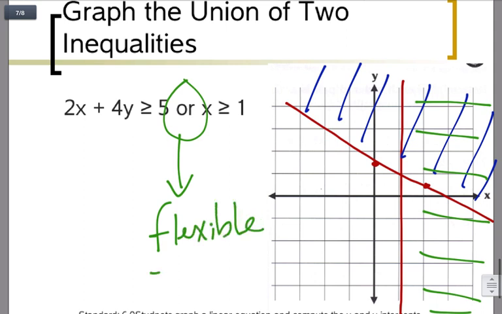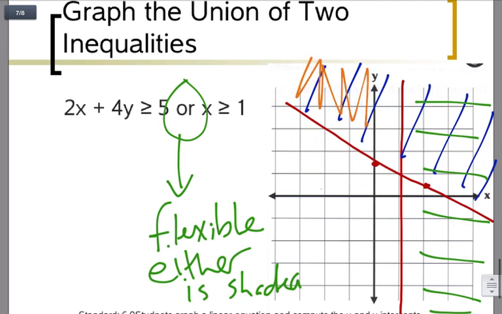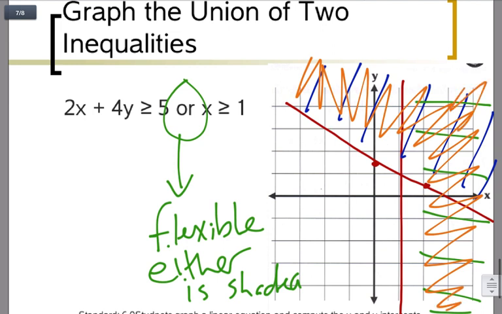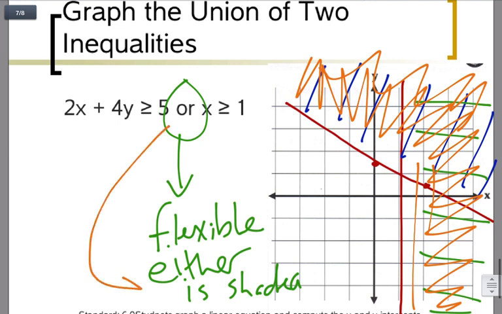In other words, it's where either is shaded. So this time the answer I'll put in orange is actually everything where there's any shading. Doesn't matter if it was overlap or not, any shading at all, that is your answer. So or makes a big difference, it's either. Same graph, same process, it's just when the word or is there, you shade either direction.